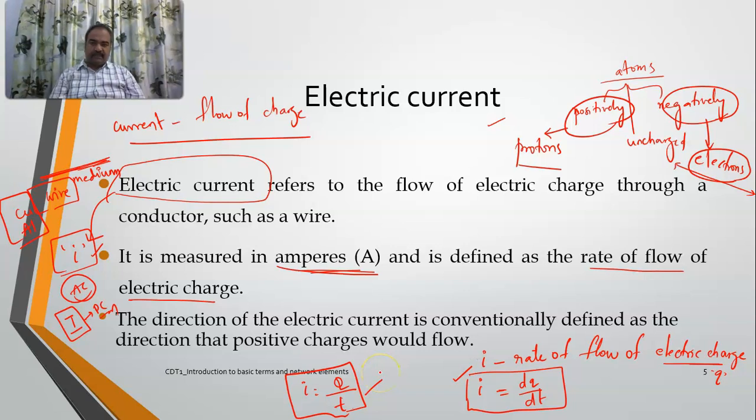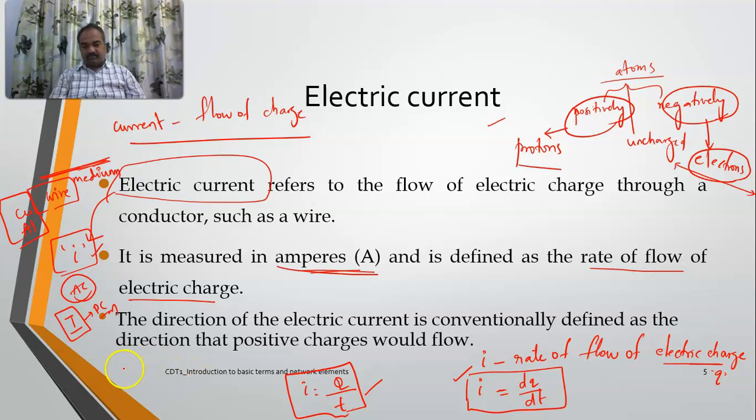And one more thing to discuss about the current is that current is intertwined with direction. Generally, we consider that current is a movement of electrons. But coming to the direction of electric current, it is defined as the direction that positive charges would flow.